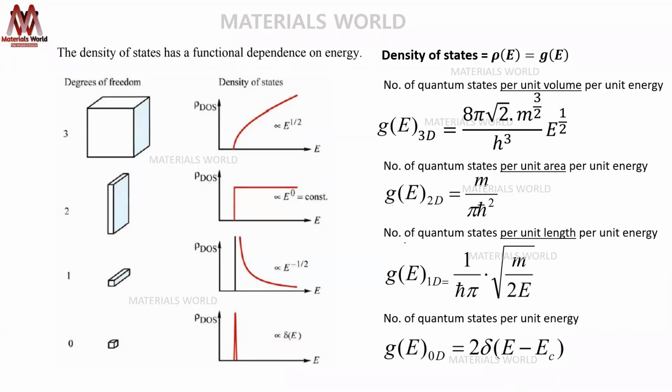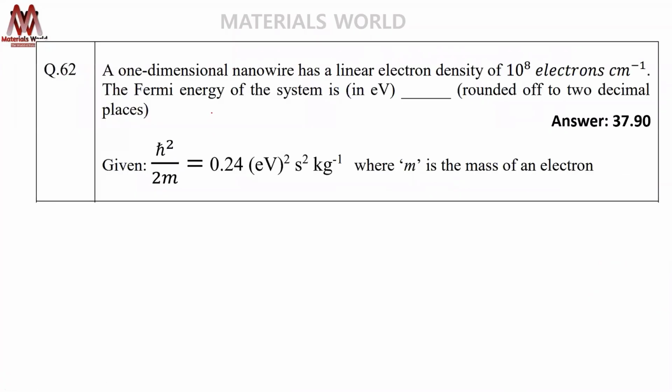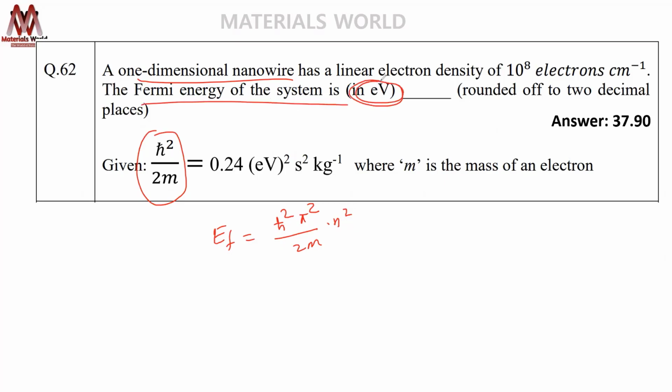Let's go to the question. So as you can see, what's the expression? Our E_F for a one dimensional nanowire is ħ square π square by 2m into n square, which we just solved. Simple. As you can see, ħ square by 2m is already given. You can calculate the Fermi energy, of course in electron volt.